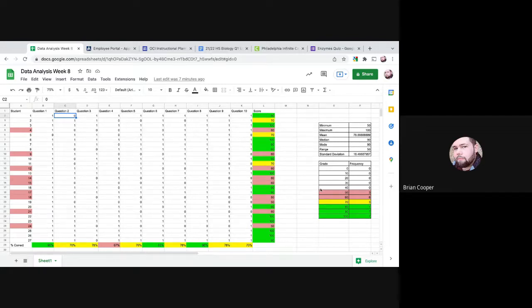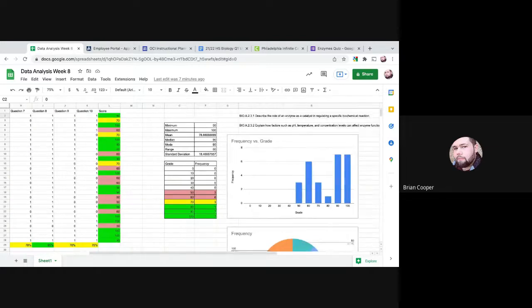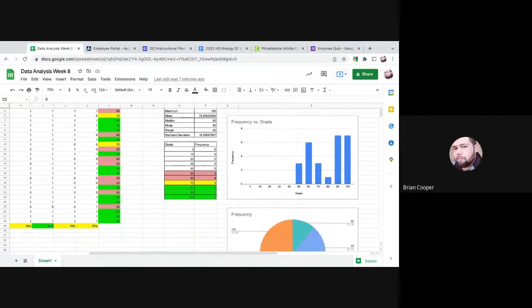I wanted to look at that more in detail. So I have this bar graph that shows the spread of the different scores, and you can see that it's higher up in the 90 to 100 score range.